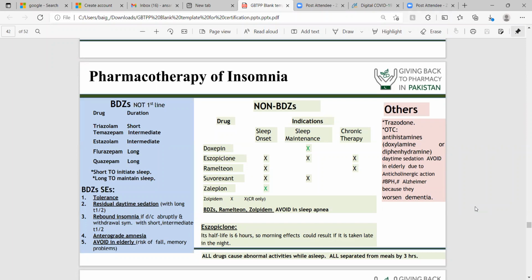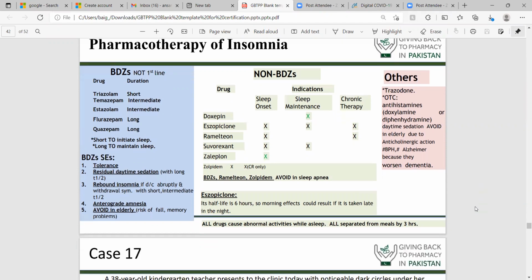Some are short acting and some are long acting, and the other non-benzodiazepine options are like Lunesta, Sonata. Those are the non-benzodiazepine options commonly used in practice. The most common side effects of benzodiazepines are residual daytime sedation, and those are common with long-acting agents.